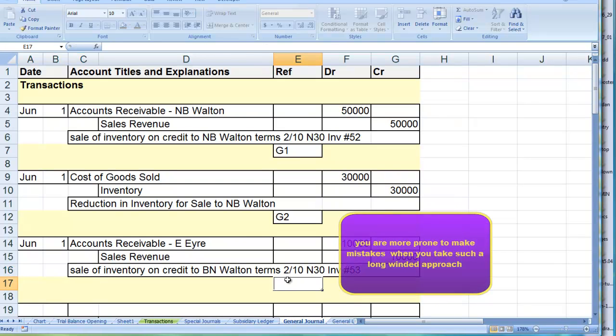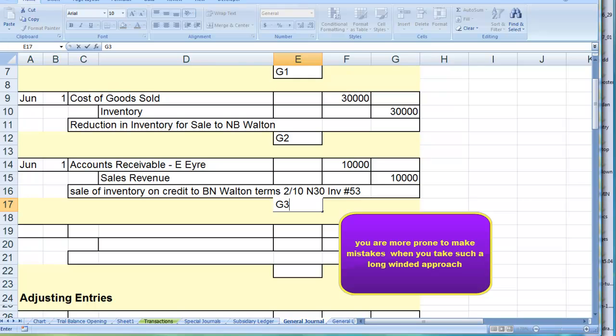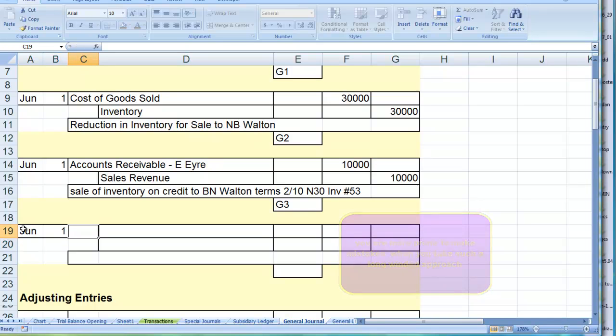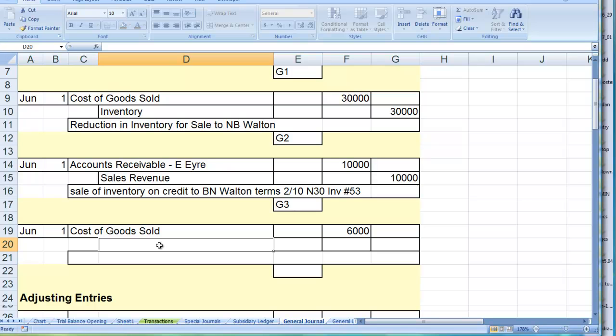We'll call that G3. And now June 1, cost of goods sold $6,000, being 60% of the $10,000, and inventory $6,000.